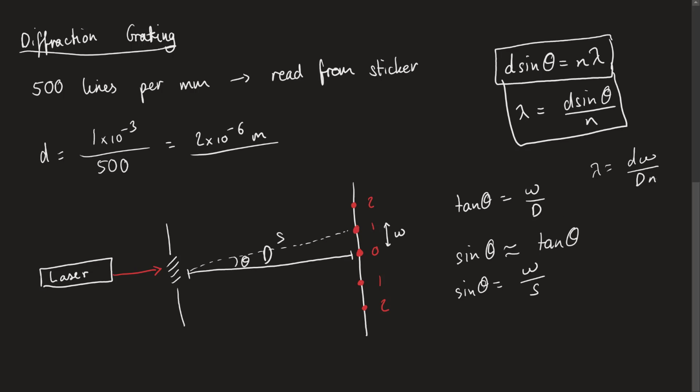But this n means that it does matter which maxima we're looking at. If we're looking at the first maxima, then this is just dw over d. If we're looking at the second maxima, then w actually becomes this full thing. So let me call that w2, let me call this w1.